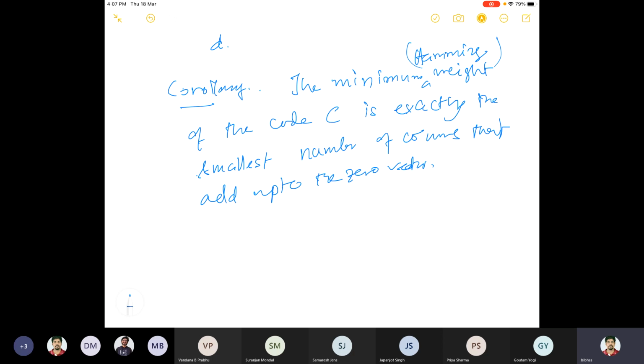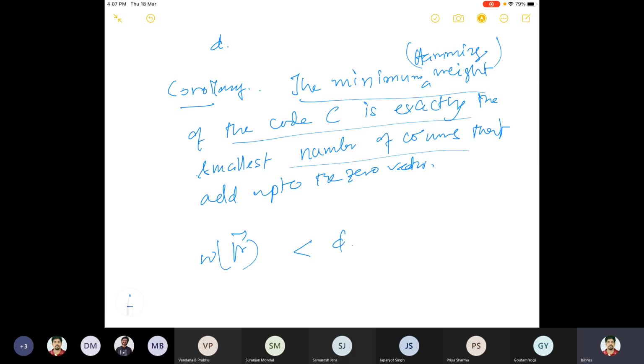Yeah, so then what will happen? Once I have this minimum weight, as I was saying, I think last year also we discussed the same thing: once you receive this vector R, with its weight less than D, then we'll say that there is definitely an error, because it is below the minimum weight.